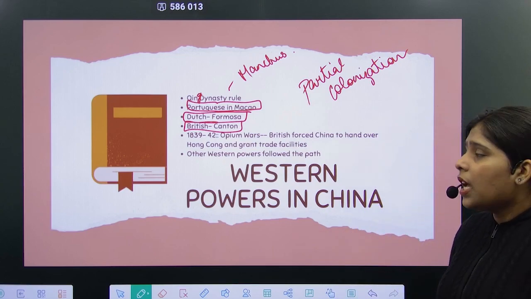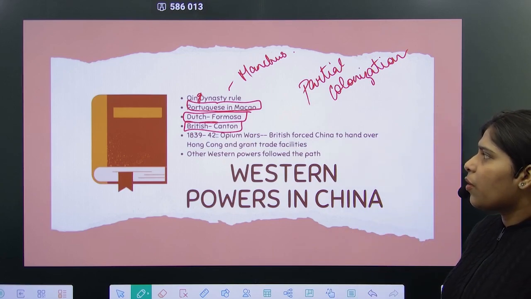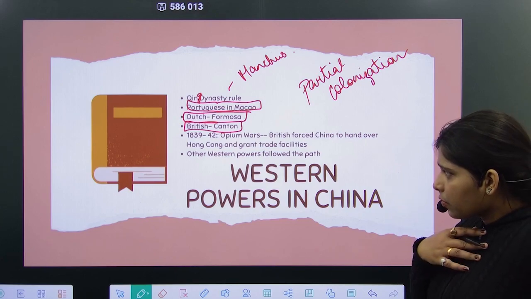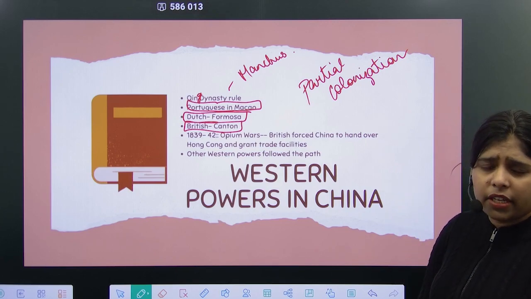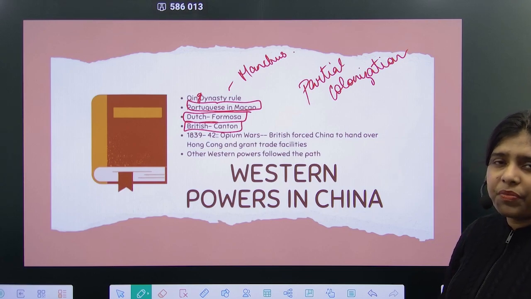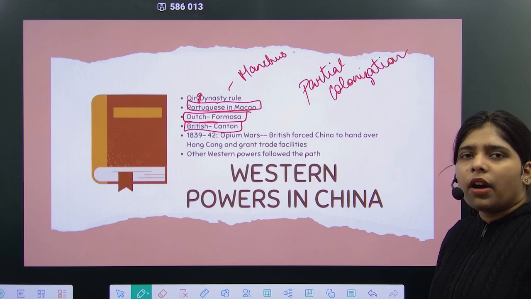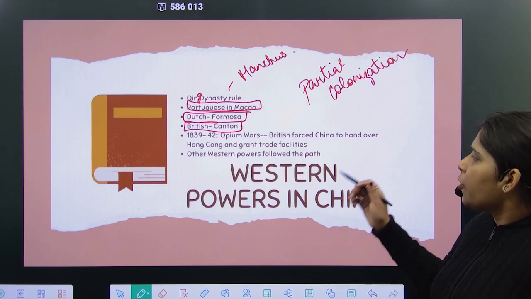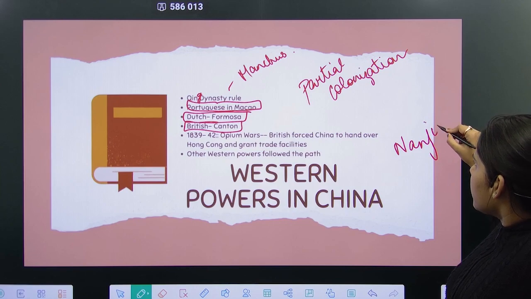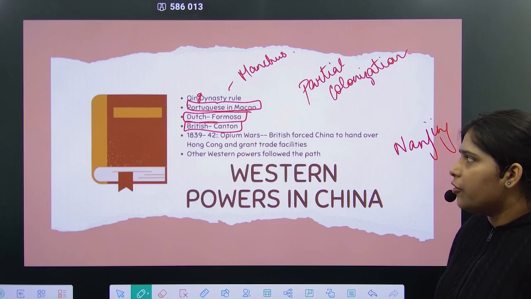What happened is, after that, I already told you the theme of opium, that British started exporting opium to China, and people there were addicted to opium. In that very scene, they took advantage of the situation, and they got hold of Nanjing. They set their base in Nanjing.